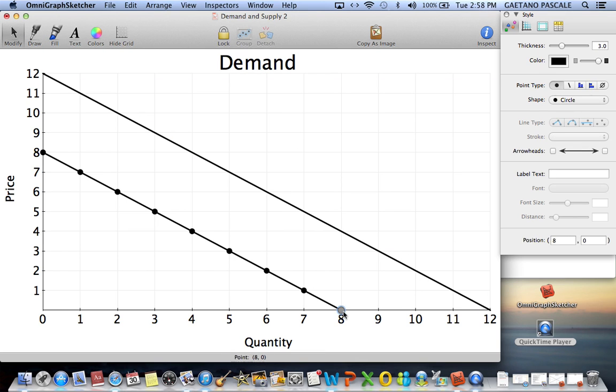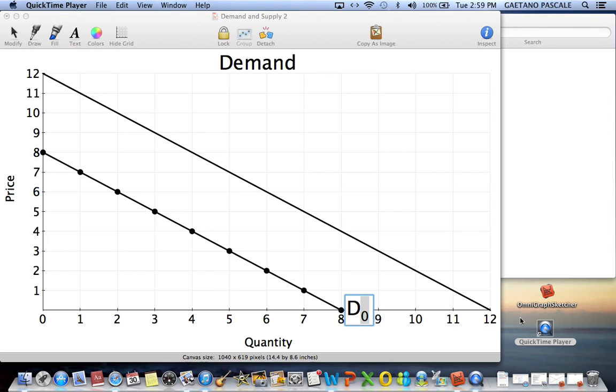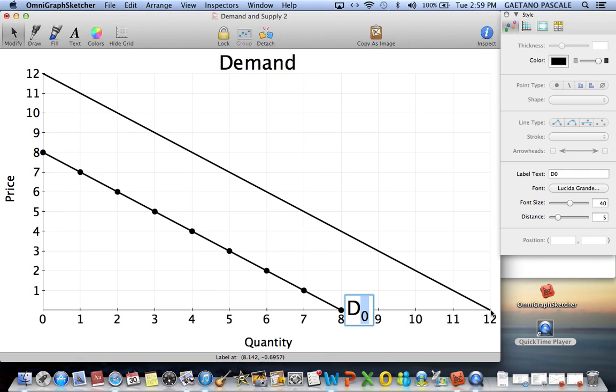And this is, let's call it D0 for the original demand curve. And let's refer to this as D1, which is our new demand curve. Let me rotate them around there.